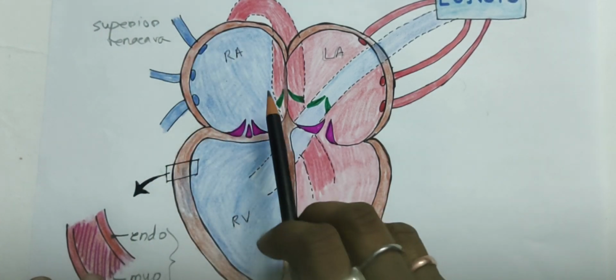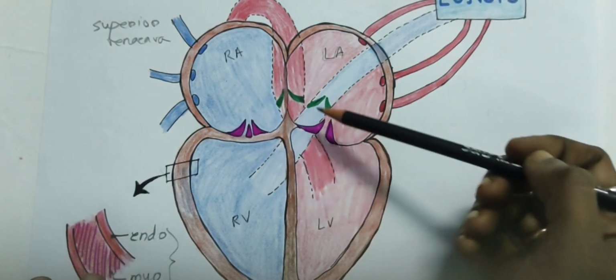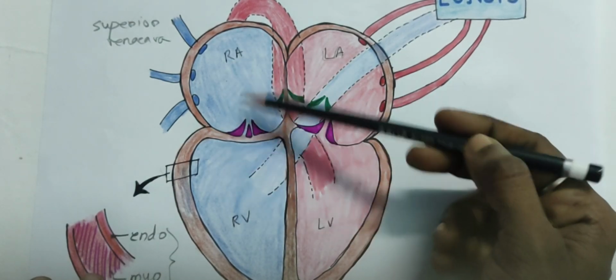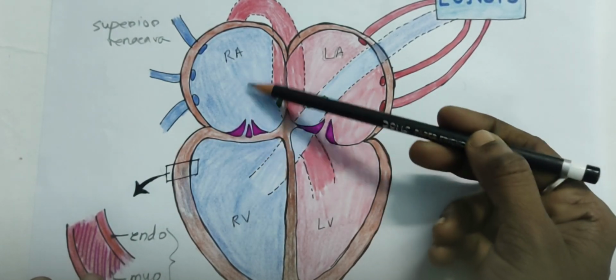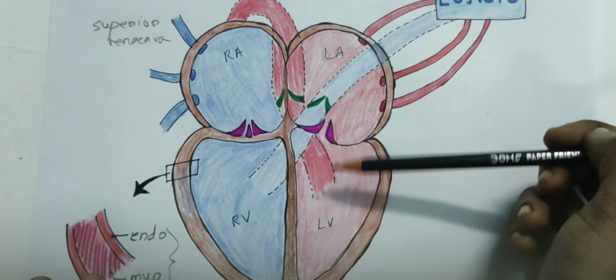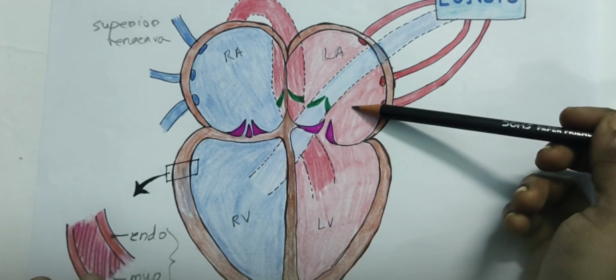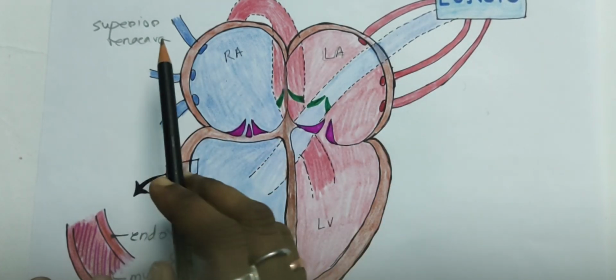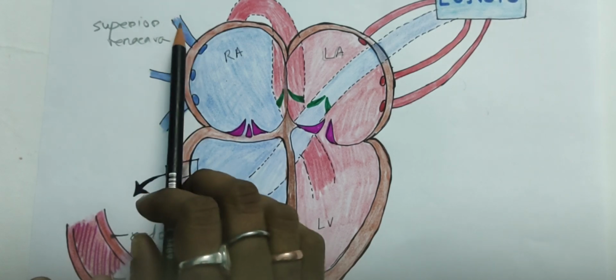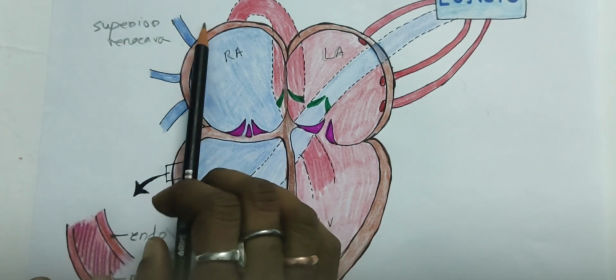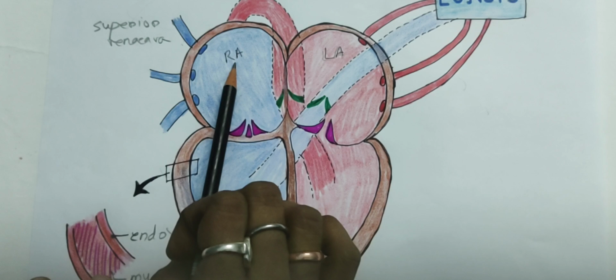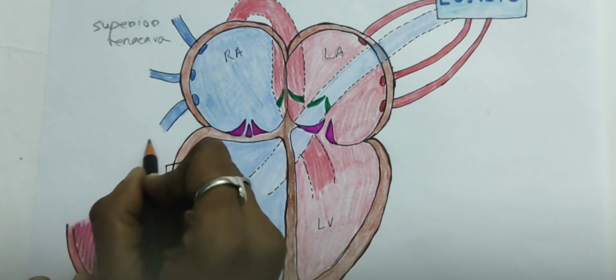Here I drew the diagram with blue, which denotes the deoxygenated blood, and red indicates the oxygenated blood. So the superior vena cava collects the deoxygenated blood from the upper part of the body and pours it into the right auricle.